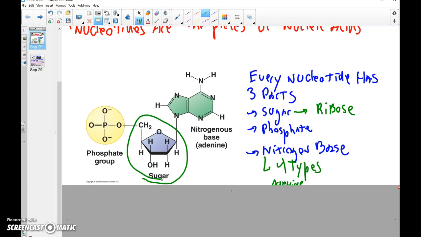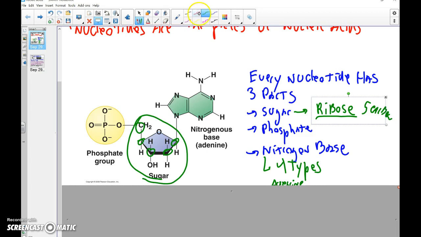And you can see all the things that we talked about. There's only C's and O's and H's in it. The name of this particular sugar is ribose, all right? And it is a 5-carbon sugar, meaning it has 1, 2, 3, 4, and 5 carbon atoms.